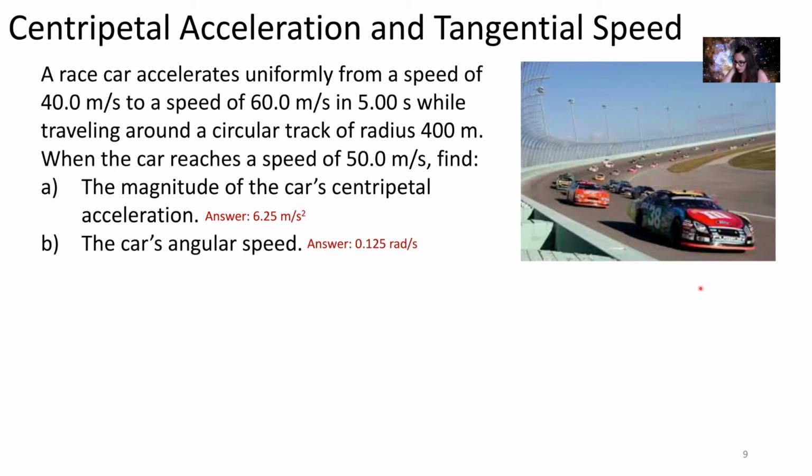Now we're going to apply these ideas of centripetal acceleration and angular velocity to solve this problem. I'm not doing it on the whiteboard because this is a pretty simple problem. I'm going to do it real quick here on my iPad. We have a race car that accelerates uniformly from a linear speed of 40 meters per second, that's our initial velocity, to a speed of 60 meters per second in 5 seconds. t is equal to 5 seconds.